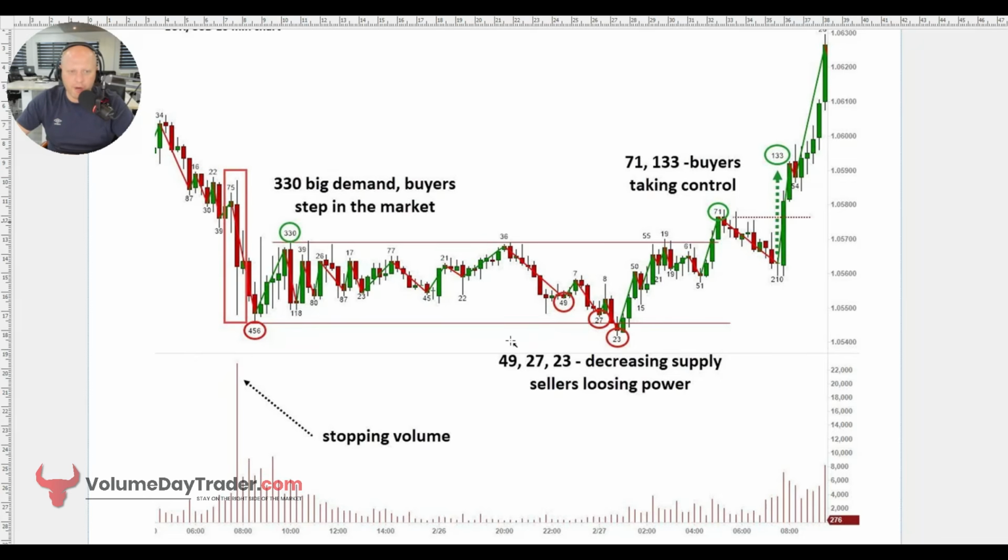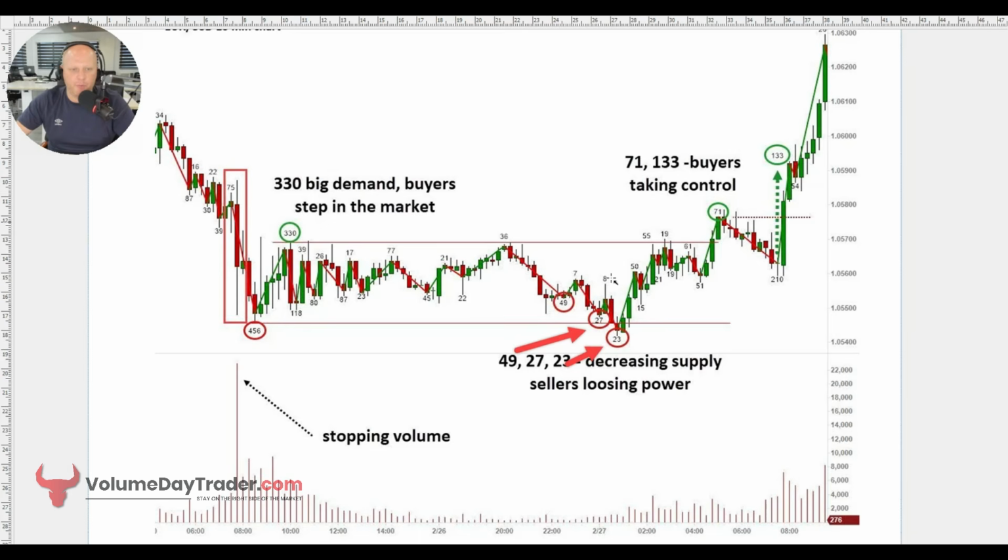But have a look further. Next wave, 27, 23. Listen to this: 49, 27, 23. You see the supply is decreasing. Sellers are losing momentum on this chart. And then after this we have a fake breakdown here.